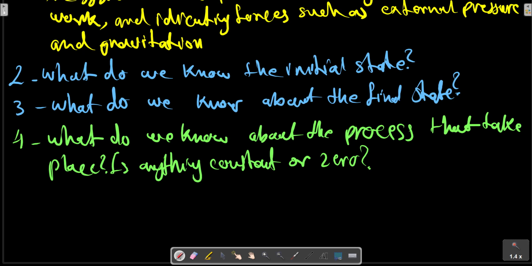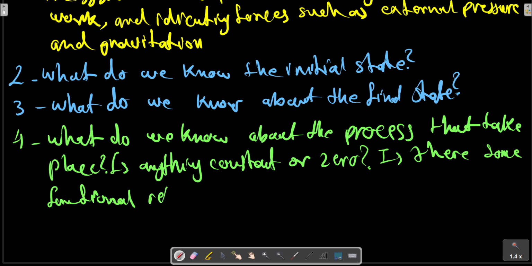Is there some functional relation between two properties?